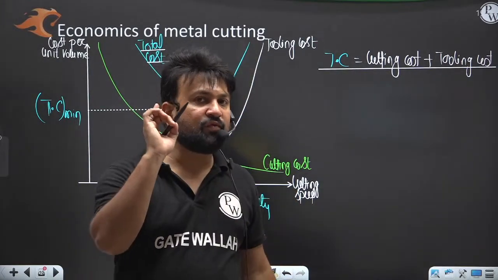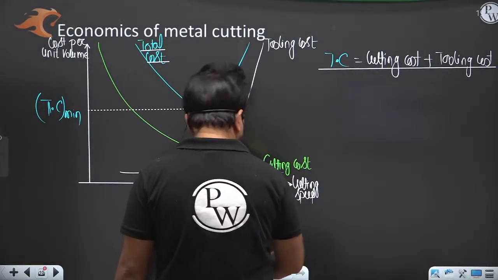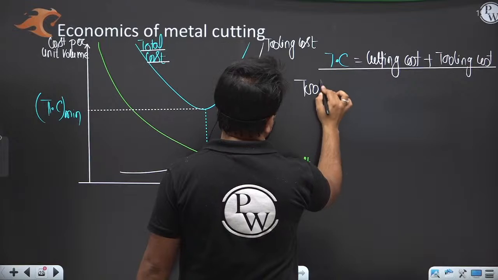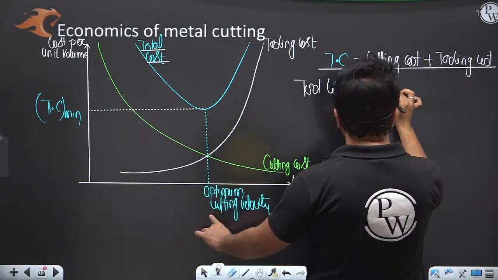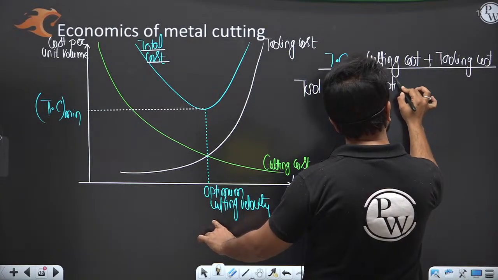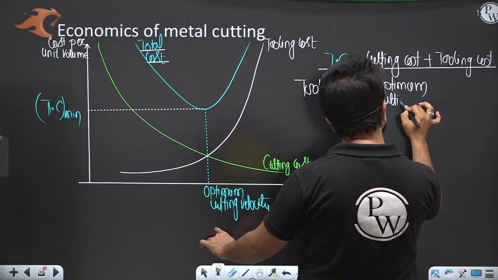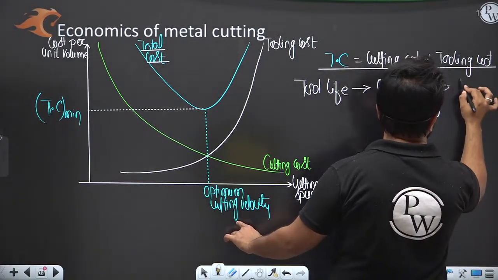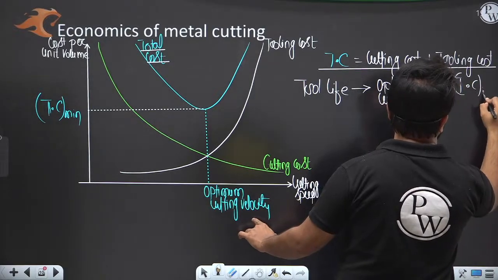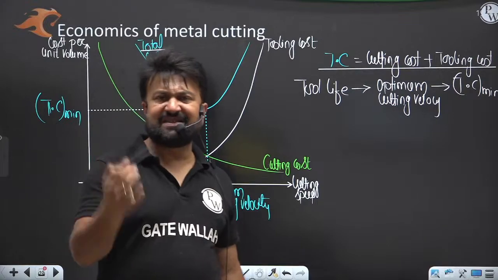So you have to find that tool life which corresponds to the optimum cutting velocity, which gives the total cost minimum.